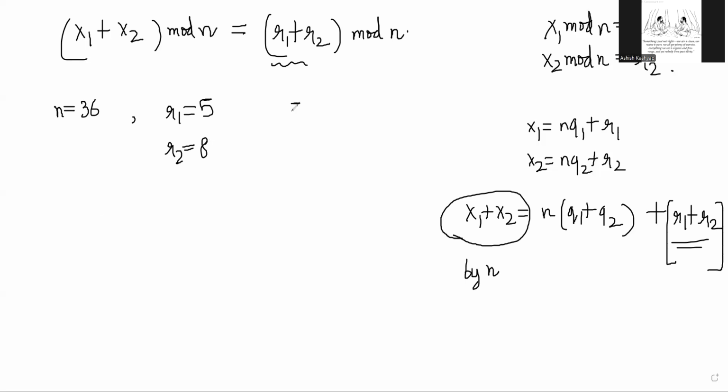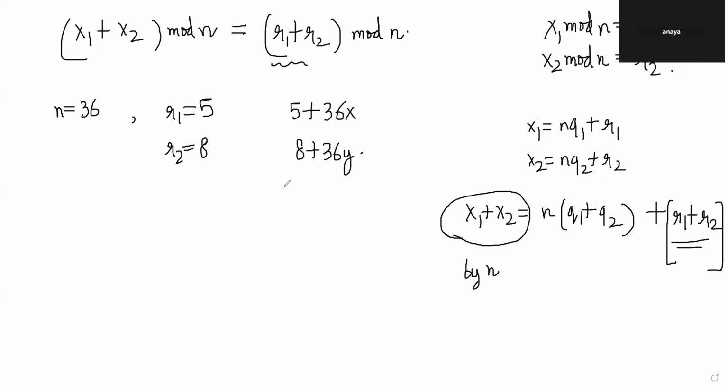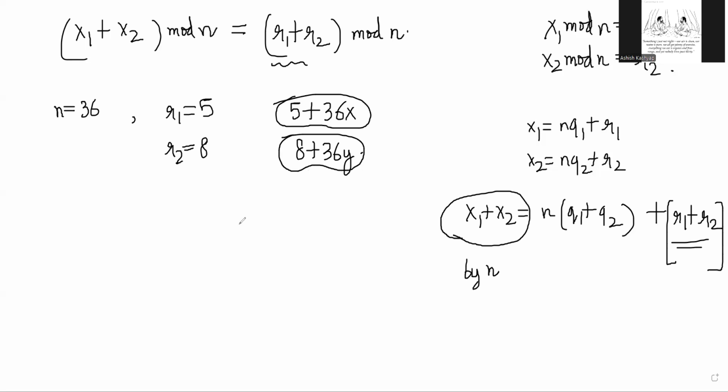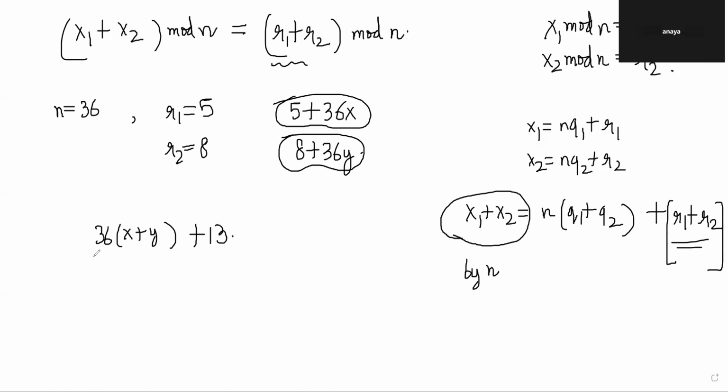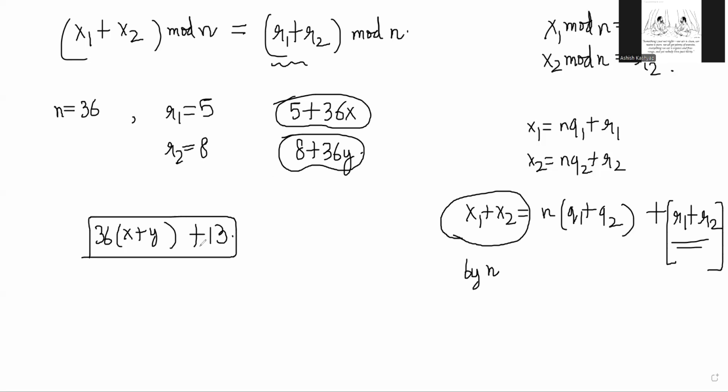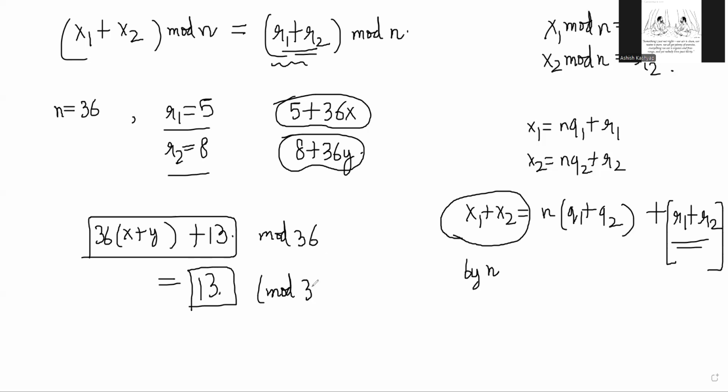So the two numbers will be like this: 5 plus 36x and 8 plus 36y, right? Now, if I have to take the combination, obviously you can see that it will be 36(x plus y) plus 13. The sum of the numbers is this. When you divide it mod 36, obviously you can see that it is coming out to be 13, which is the sum of the residues added together, mod n, right?